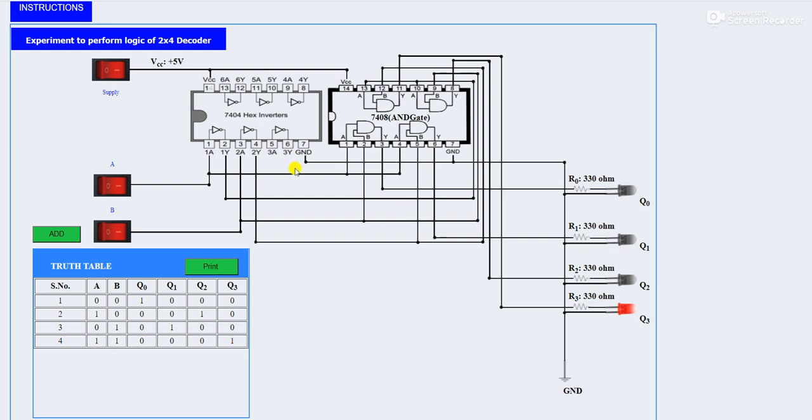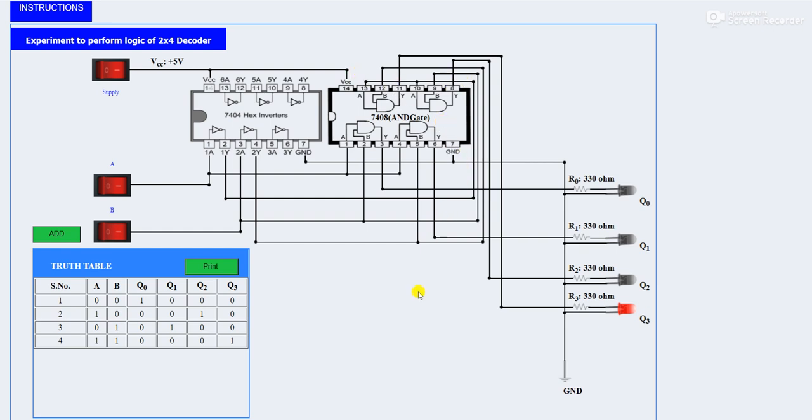With the help of this truth table we can verify the operation of the 2 to 4 decoder for all possible combinations of A and B. This is the connection diagram of the decoder that is already provided to you.